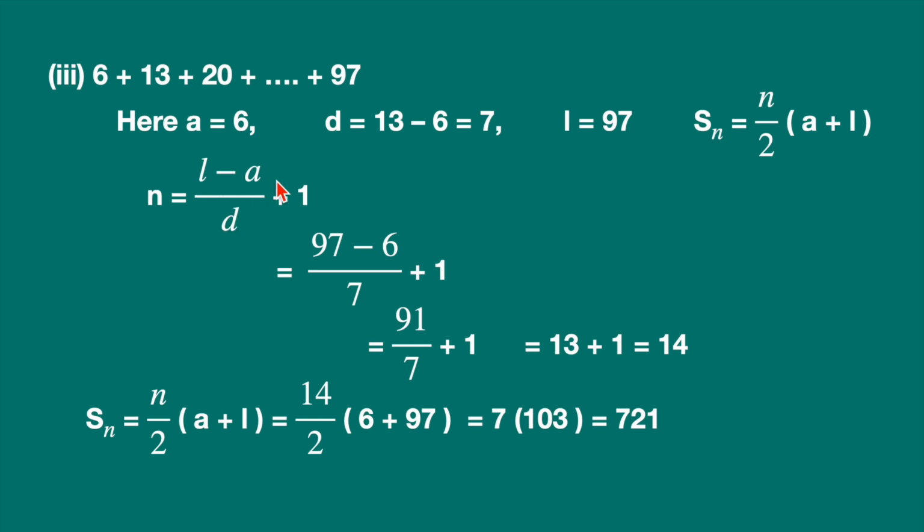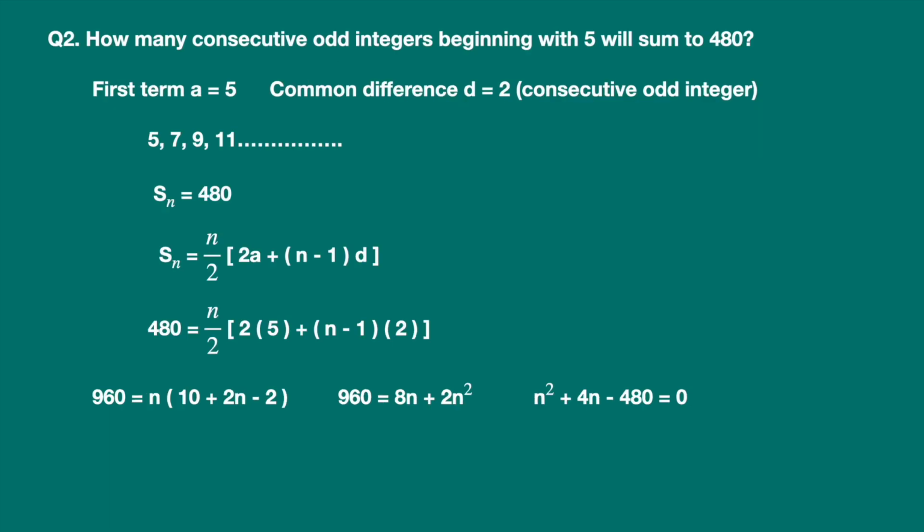Use this formula and find the number of terms. You will get 14. Then substitute the n value in the formula. Since it has a last term, we are going to use the second formula. Write down the formula, substitute a, L, n, and you will get the answer 721.